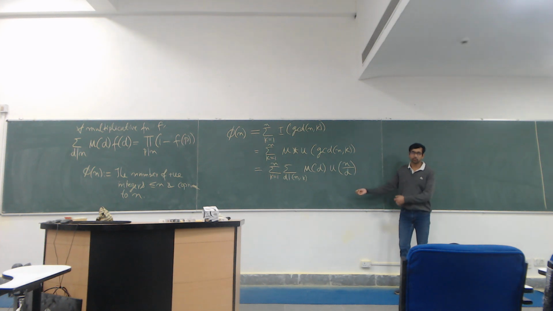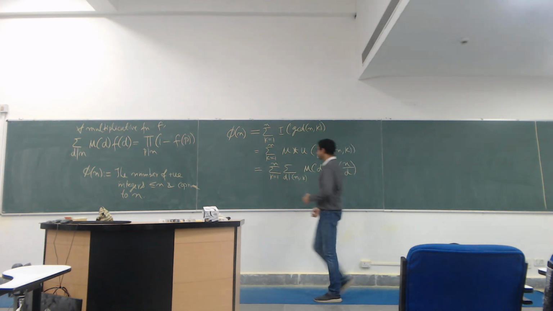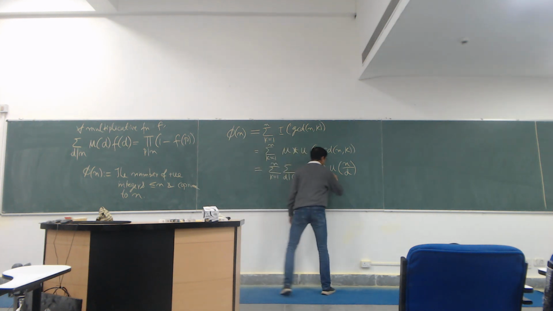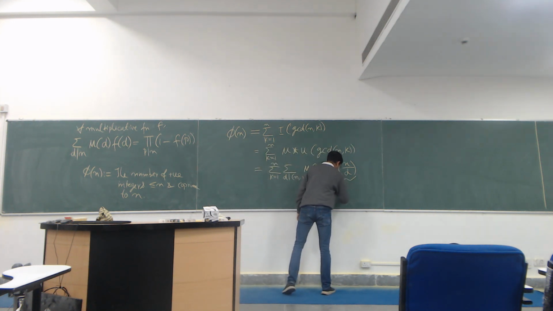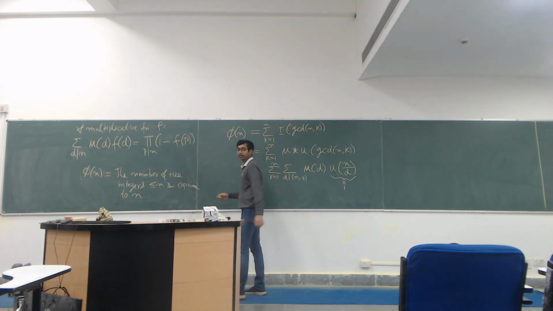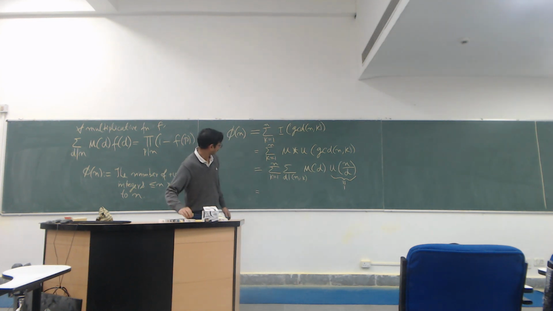But u of n by d is just 1, so you can remove that. Now, note that all these are finite sums, so there is no problem in switching. But k is running from 1 to n, so you have to switch.